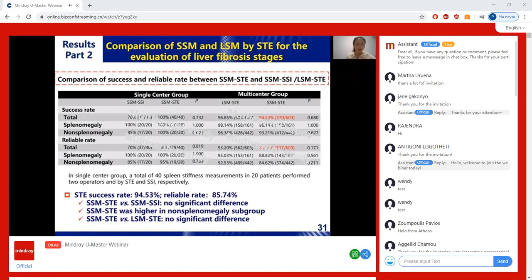The multicenter group success rate and reliable rate of spleen stiffness measurement showed no significant difference compared with liver stiffness measurement. There was no significant difference in success and reliable rate of spleen stiffness measurement between splenomegaly and non-splenomegaly patients either.